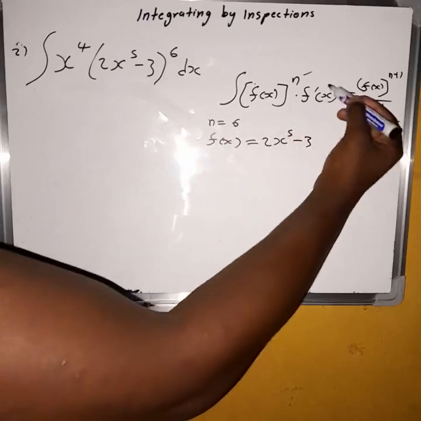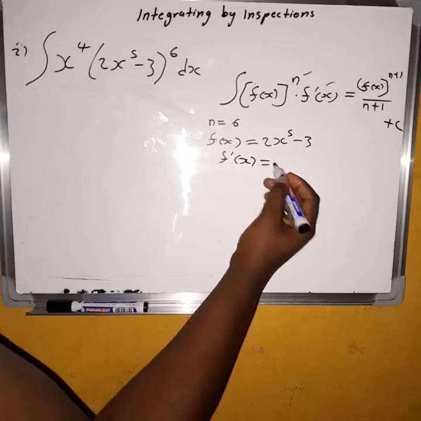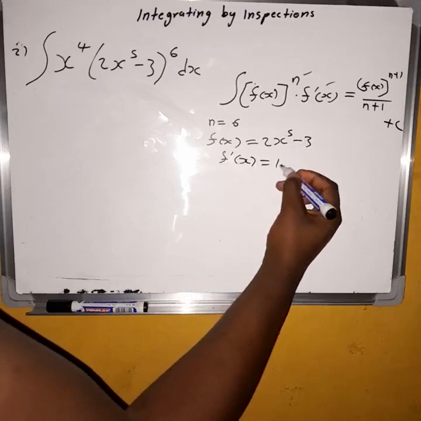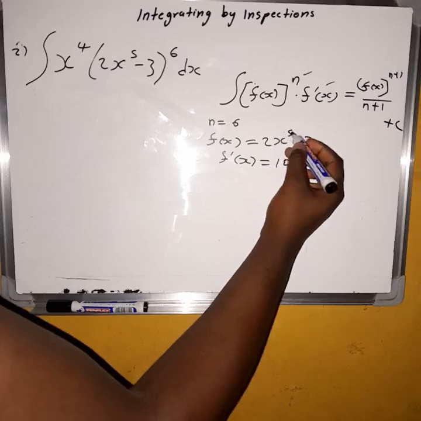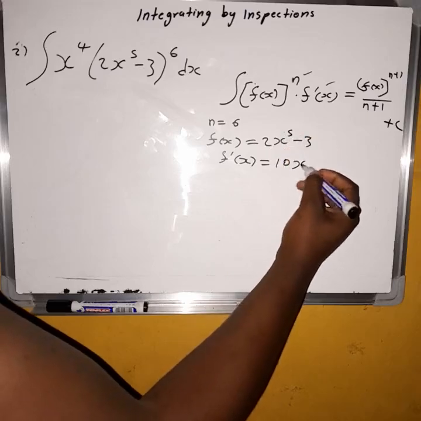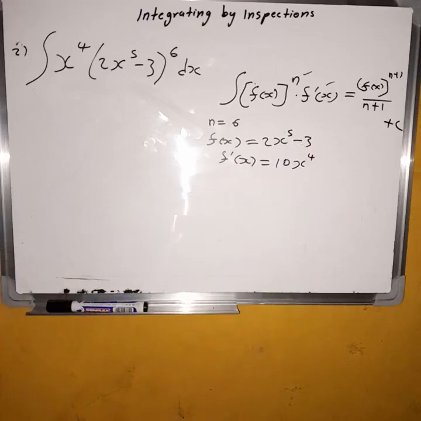Now take f prime: you multiply, this will be 10, you drop the exponent, subtract 1 will be 4, and the constant becomes 0. You have this.